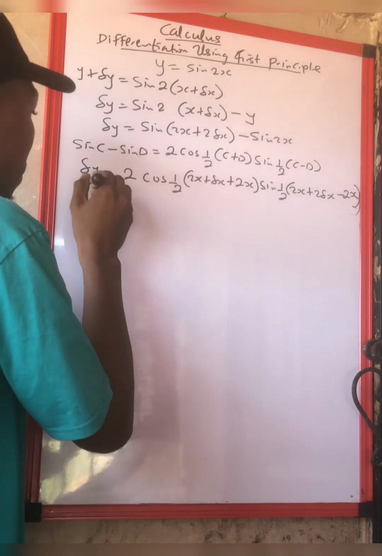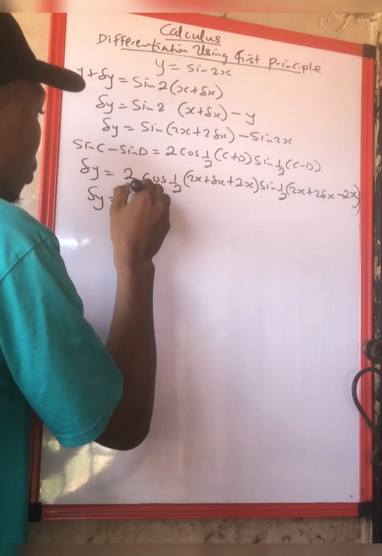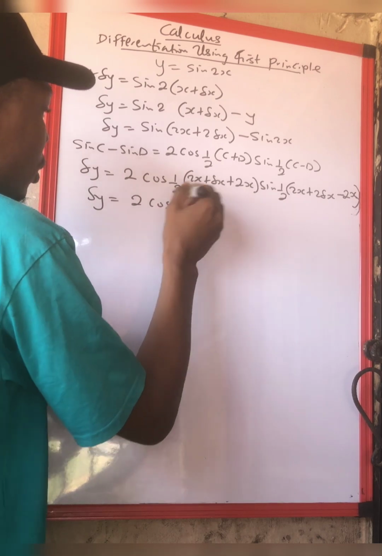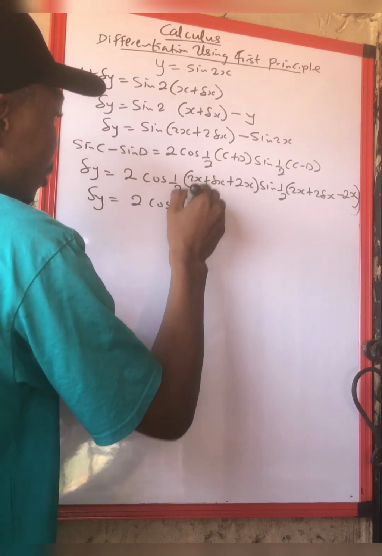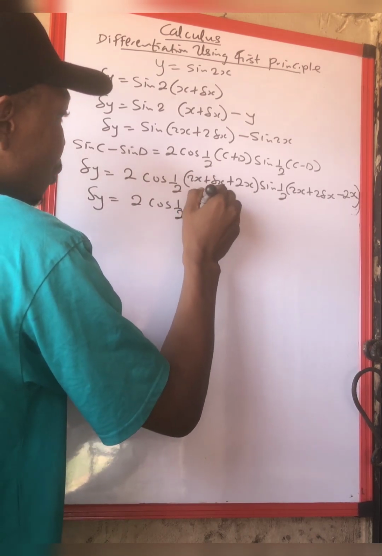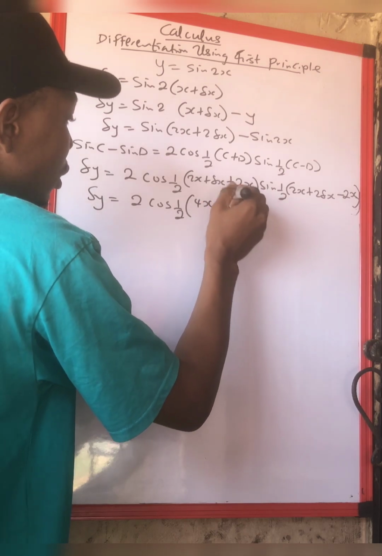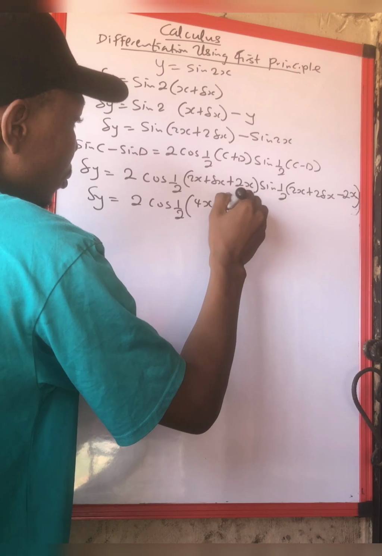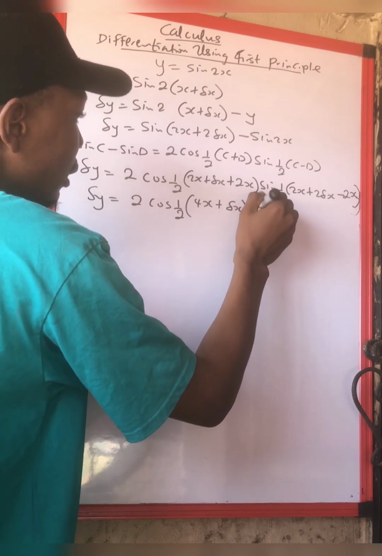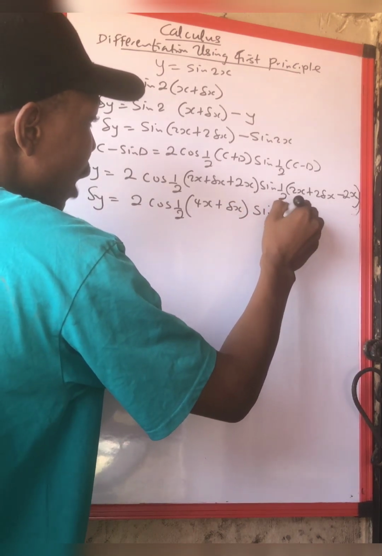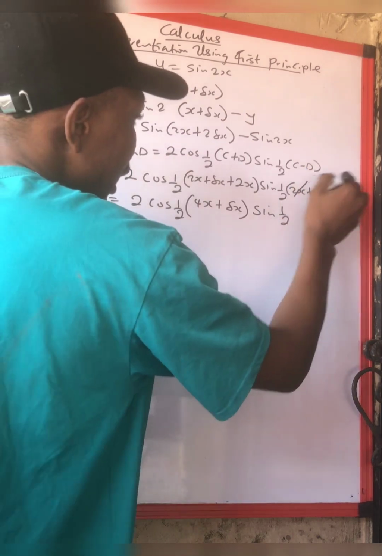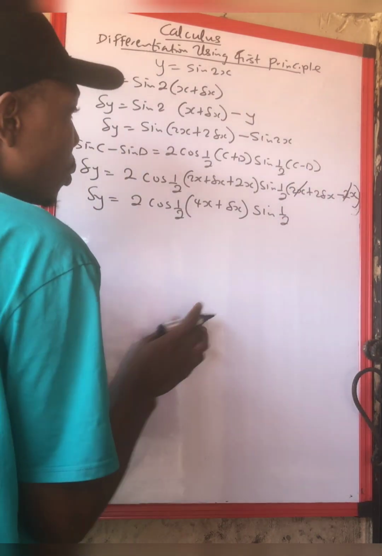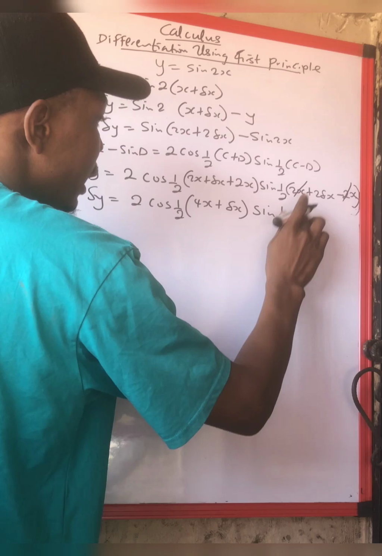So from there, our change in y equals 2 cos half of (4x plus 2 change in x), then sine half. So this can cancel out, and we'll be left with change in x.